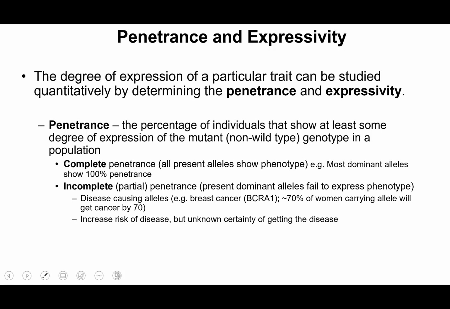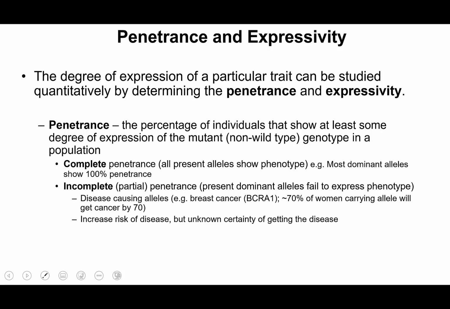This chapter also brings in the concept of penetrance and expressivity. So when we're talking about penetrance and expressivity, we're talking about the degree of which an expression of a particular trait is found in a population.